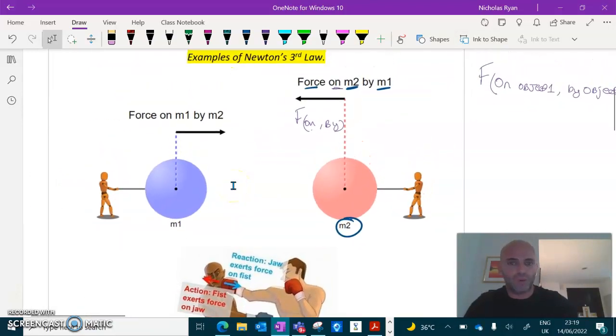Okay, so this would be the force on mass 2 by mass 1. And whereas this one would be the force on mass 1 by mass 2. Okay?